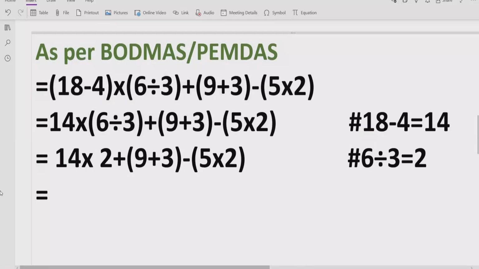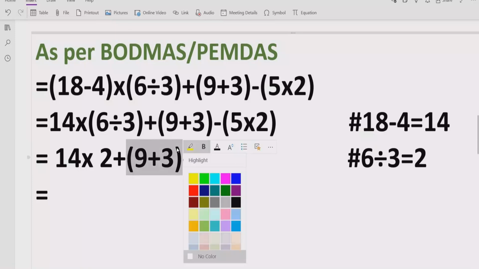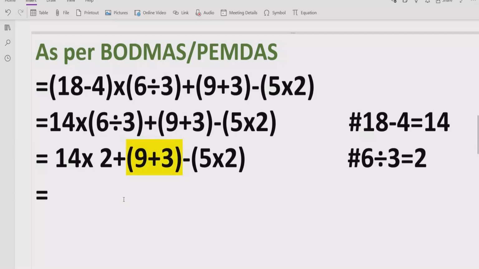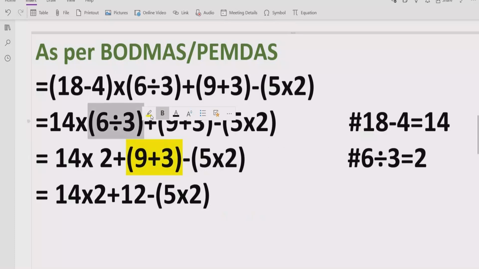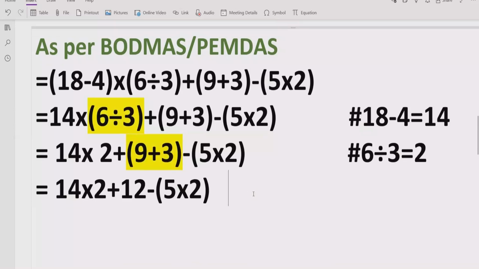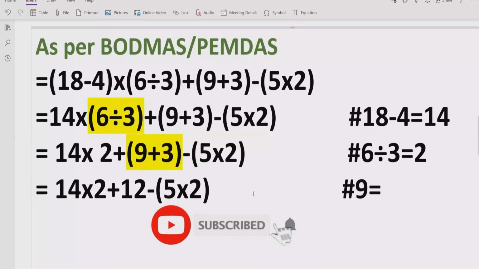Now, again, we have to move forward and solve the third bracket. So here we have the third bracket: 14 multiplied by 2 plus 9 plus 3, which equals 12. And the minus part we will write as it is. And we can give the reference here: 9 plus 3 equals 12.